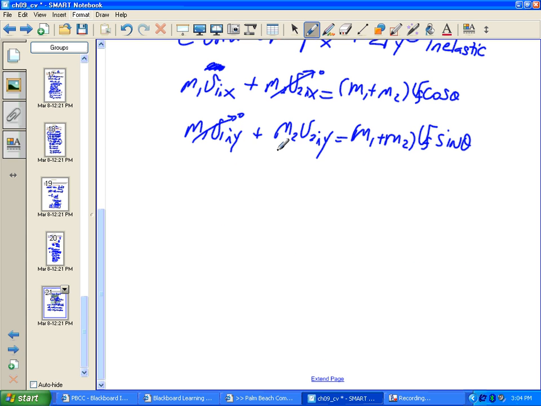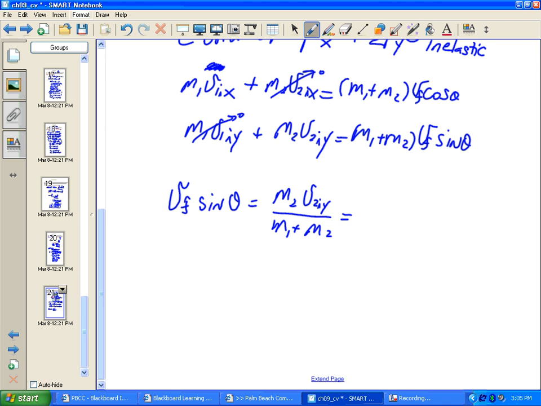Okay, now, how about this? Let's plug in some numbers. VF times the sine of theta, let me first work with the lowest equation I've got here, is equal to M2 V2 initial y divided by M1 plus M2.